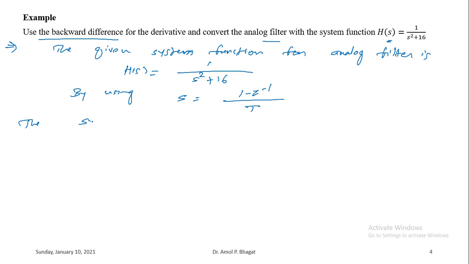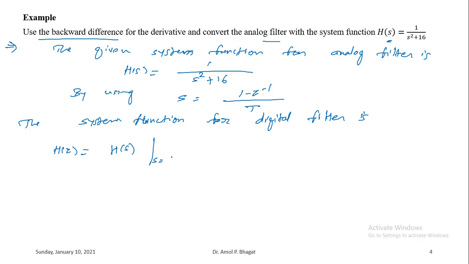The system function for the digital filter, H(z), will be obtained from H(s) by substituting s = (1 - z^-1) / T. So we'll have 1 / [((1 - z^-1) / T)^2 + 16].